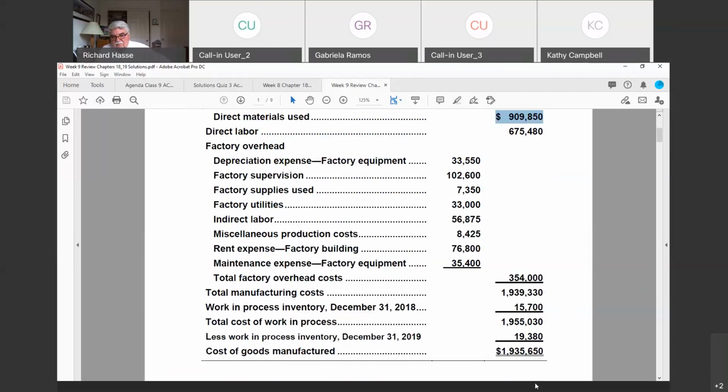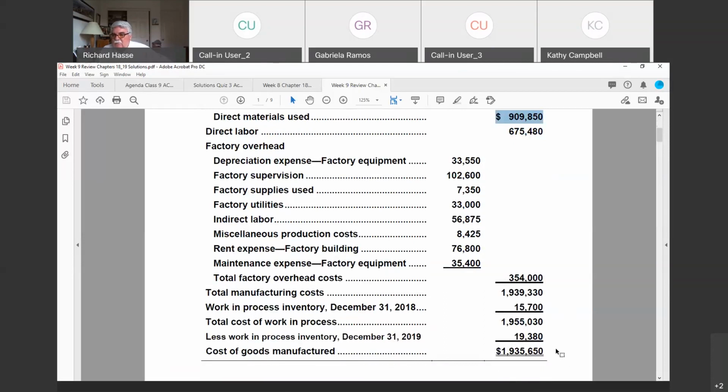Every month of every year, anybody who produces anything does this statement. Apple Computer, Tesla, General Electric, whomever. What does it cost us to manufacture our product? Because let's say they produced X amount of units.